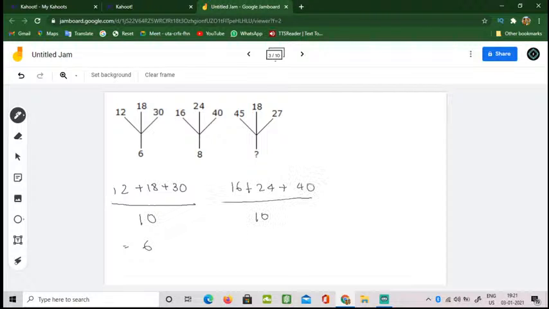If you add all these numbers you get 80, and if you do 80 by 10 you'll get the answer as 8. Okay, and now if you see this one, we have to add all the numbers, that is 45 plus 18 plus 27 by 10. Here it is 90, and if you do 90 by 10 it is 9.